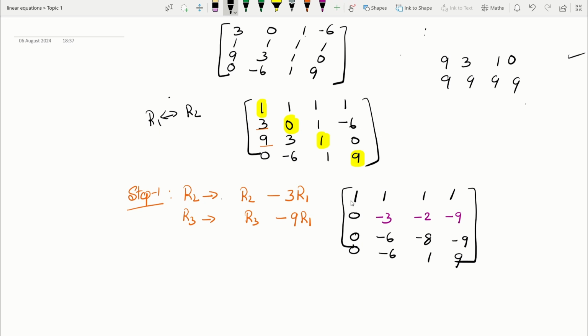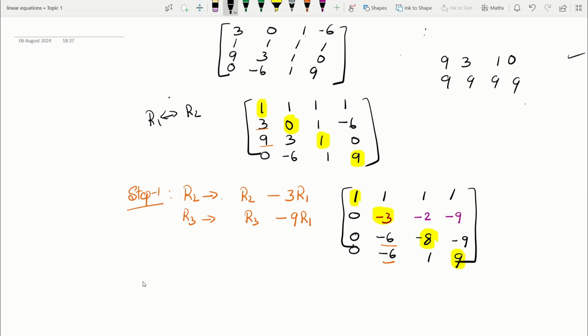R3 minus 9 R1. See here, in a calculator also we can install that equation and write it. Okay, later I will explain that. Right, you concentrate on the method first. R3 elements are 9, 3, 1, 0 here, and R1 elements are all ones only, na? 9, 9, 9, 9.